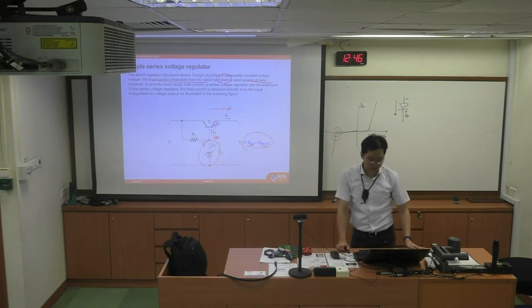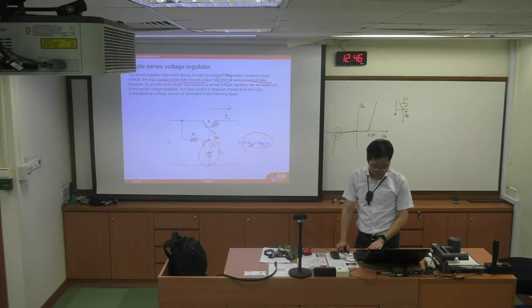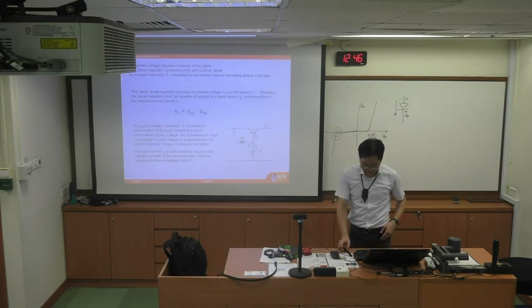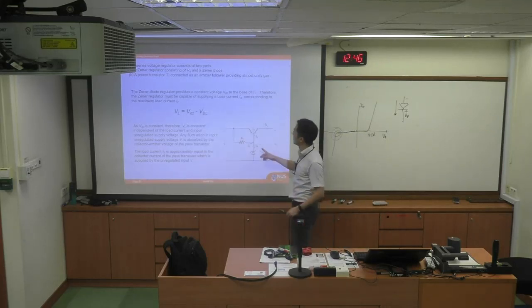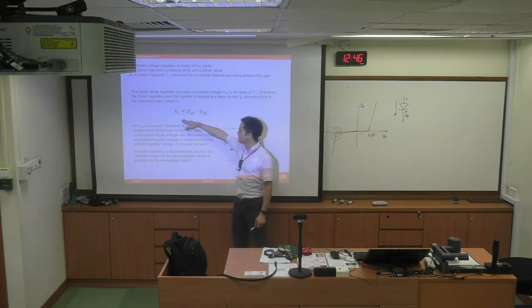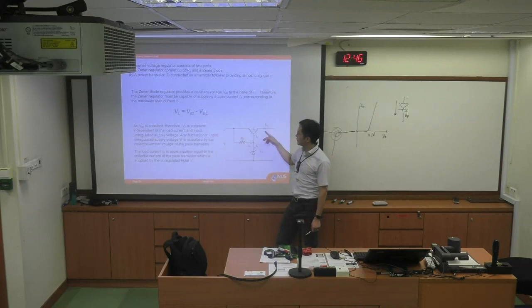This we learned from the transistor amplifier. So in this case, we'll note that the series regulator consists of two parts: a power transistor T1 and a Zener diode. And this is the key. The load voltage will be the VDZ minus the VBE of the transistor in series.